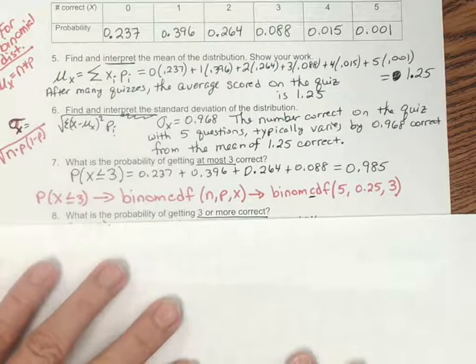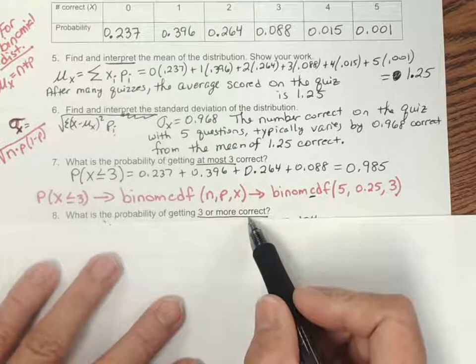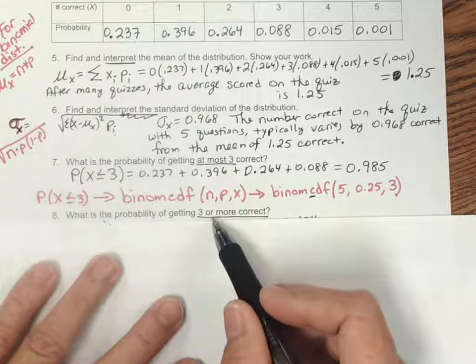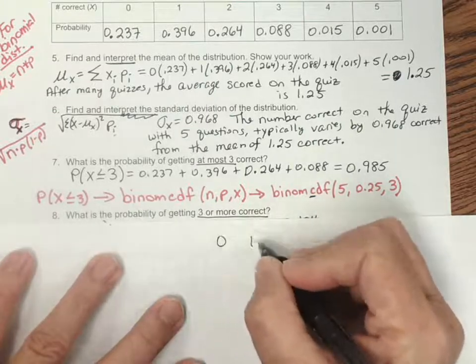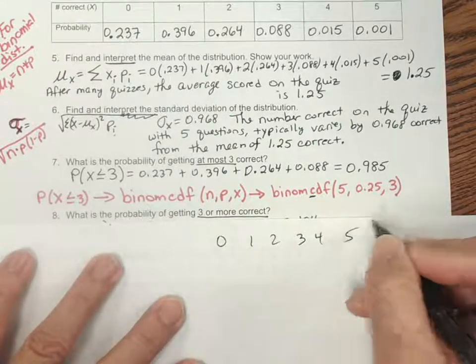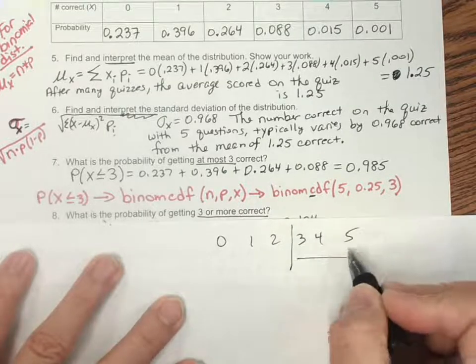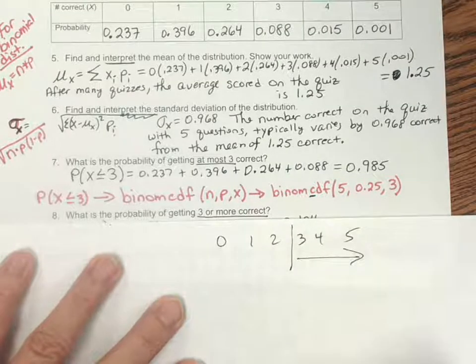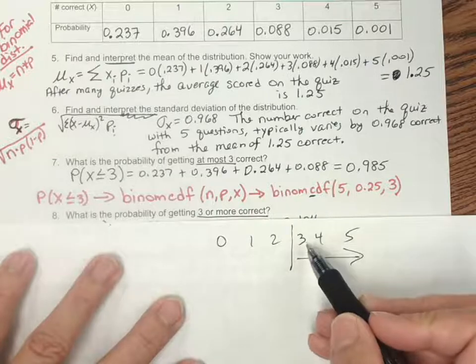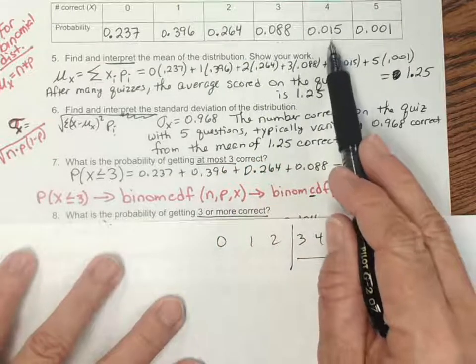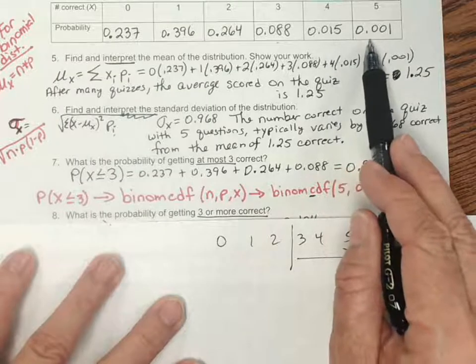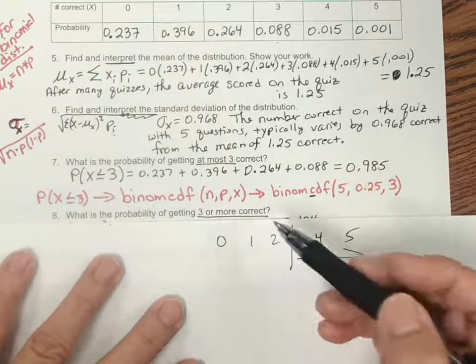What is the probability of getting 3 or more correct? So if I want 3 or more correct, so again, let's just look at these. 3 or more, so it's going to be the sum of those probabilities. So I could just add up, if I've made my probability model, 0.088 plus 0.015 plus 0.001, and I would get my probability.